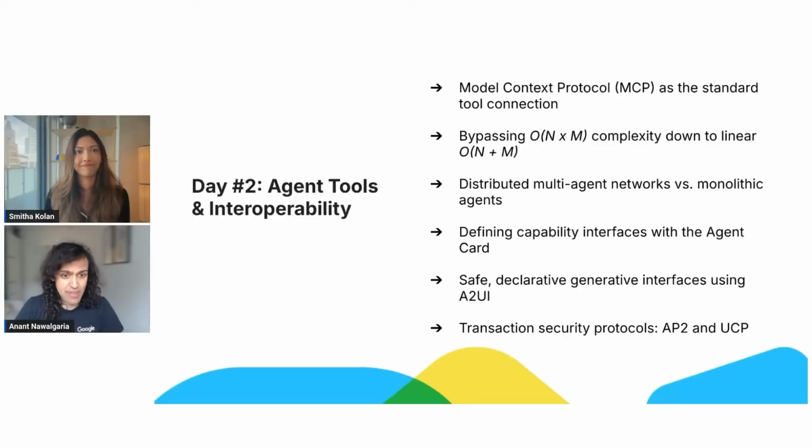Today, in today's white paper, we explored the industry standards that allow our agents to safely talk to the rest of the world. First, as Smita mentioned, we tackled the N times M prototyping crisis.